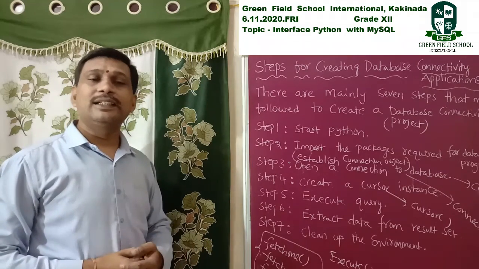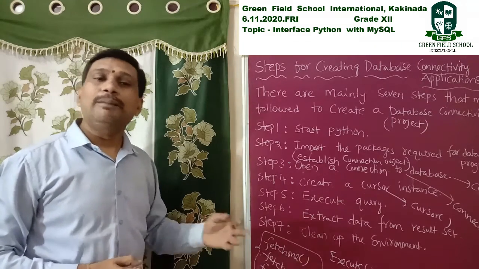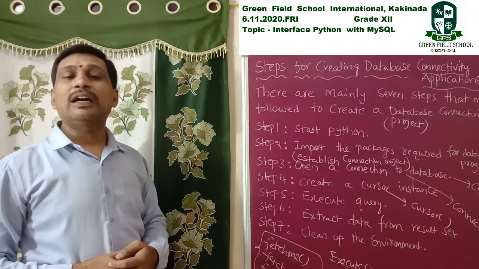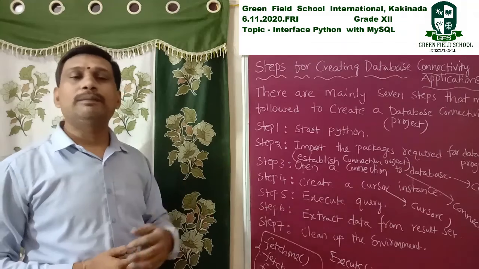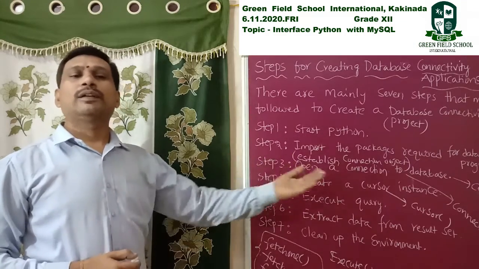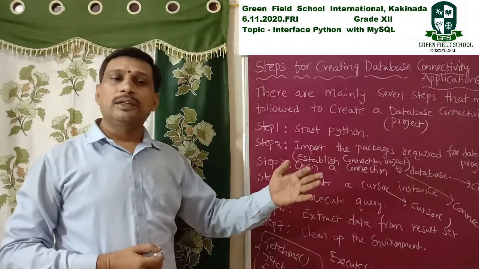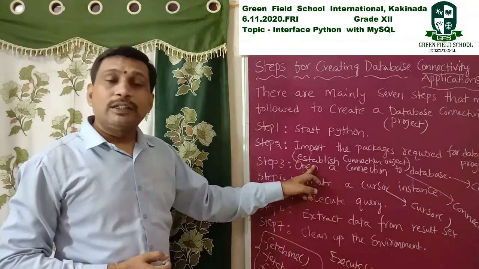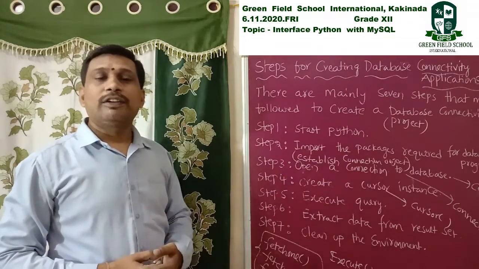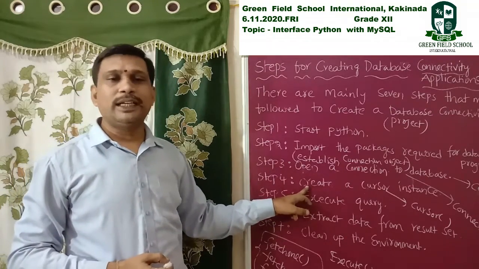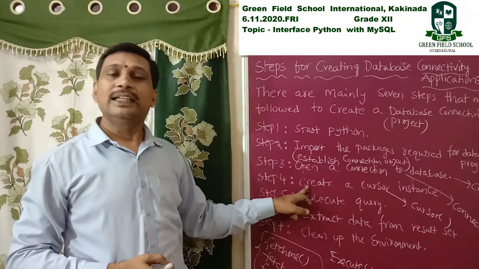So these three functions or methods are used to get data from that temporary memory to the client. Data is passed from the server to this temporary memory, that is the cursor object, cursor instance.